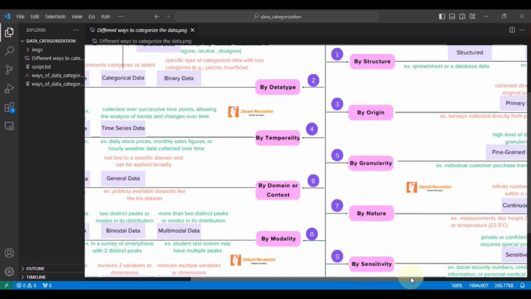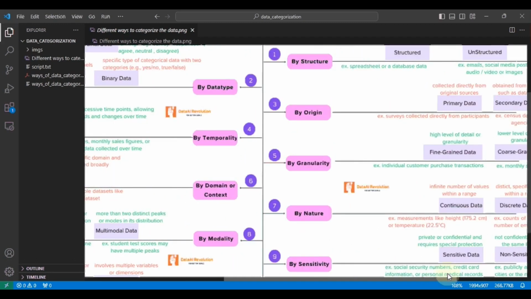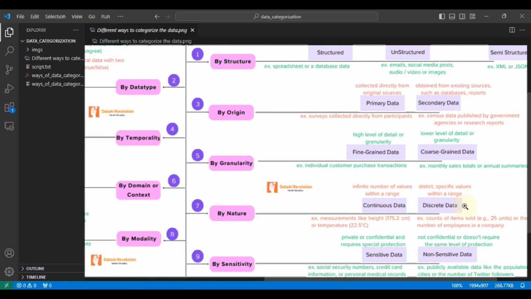We can also categorize data by nature. By nature, there are again two types: continuous data and discrete data. In continuous data, there are an infinite number of values within a range. Let's take an example of age. Age normally starts with 0 or 1, right?